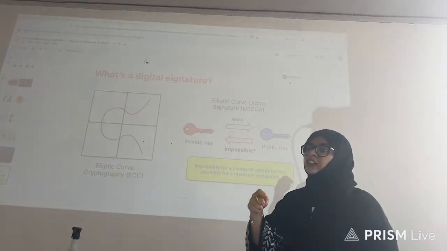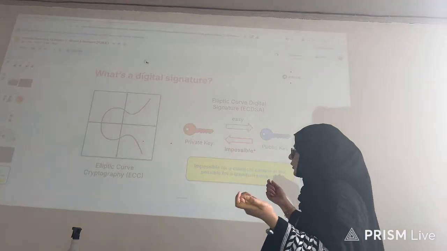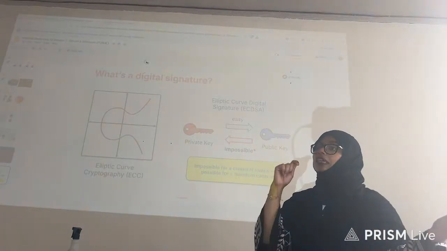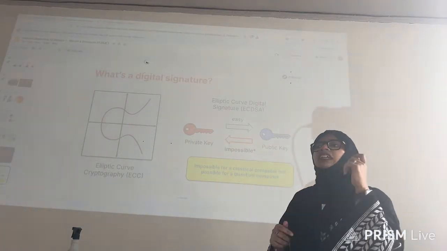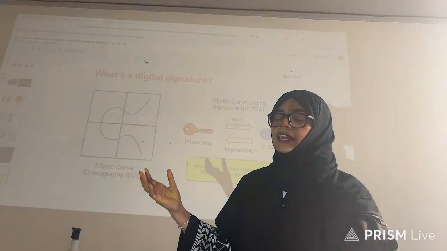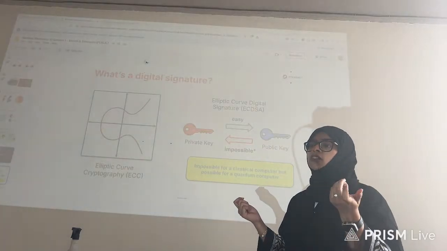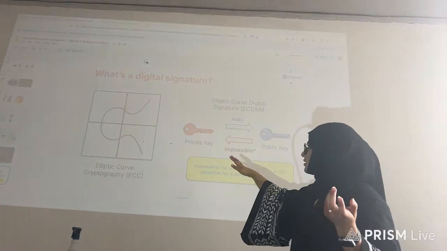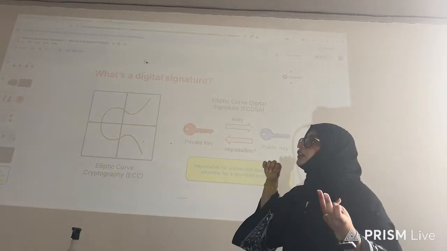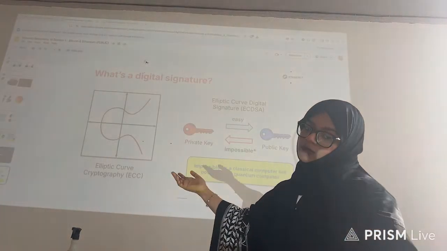It's common knowledge never to share your private key, because your private key can derive your public key. Your private key is your identity. The reversal, deriving the private key from the public key, is impossible currently, though it could be broken by quantum computers later on.